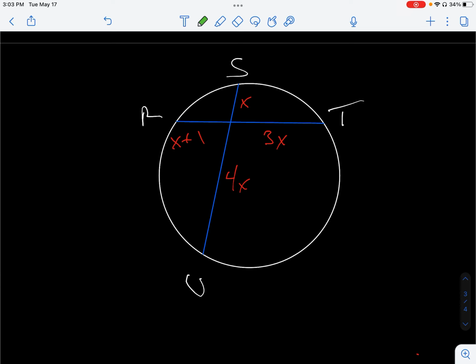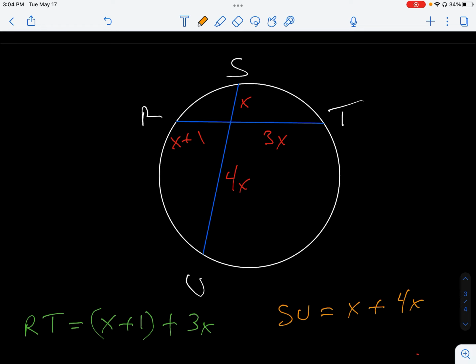So again, we want to find the lengths of RT and SU. RT is going to equal x plus 1 plus 3x, and SU is going to equal x plus 4x.